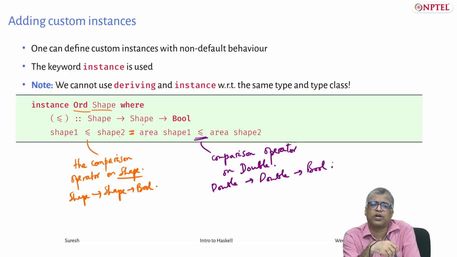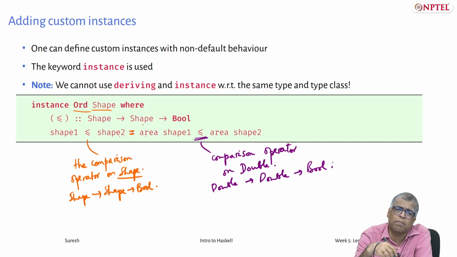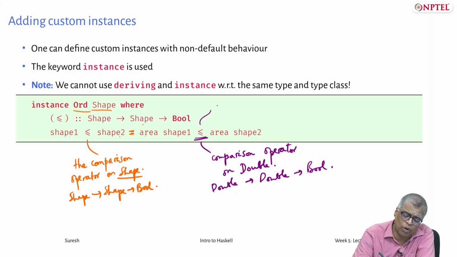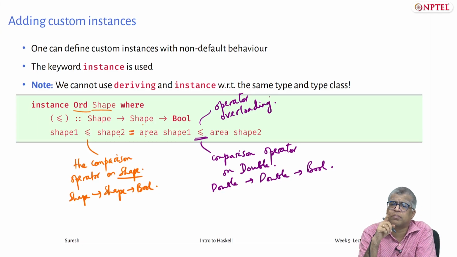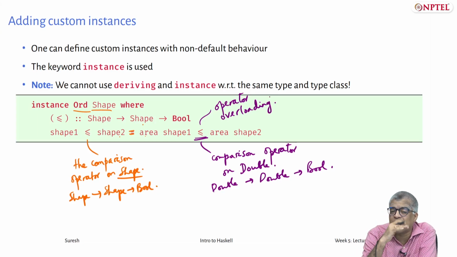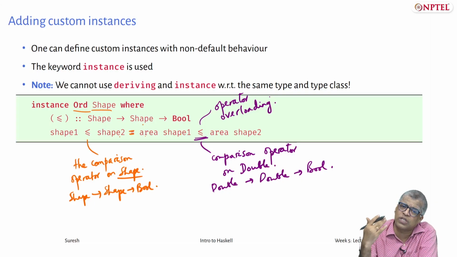And this feature where you use the same symbol to denote different operators is called operator overloading. It is different from polymorphism, because polymorphism in Haskell means that the same code works over different types, whereas operator overloading means that I am just using the same operator to denote two different operations where the underlying computation is different.